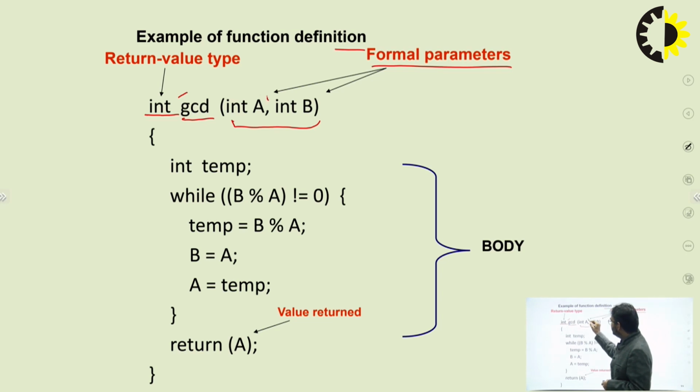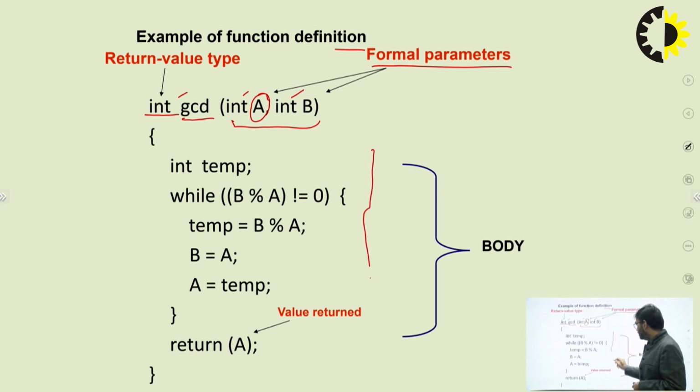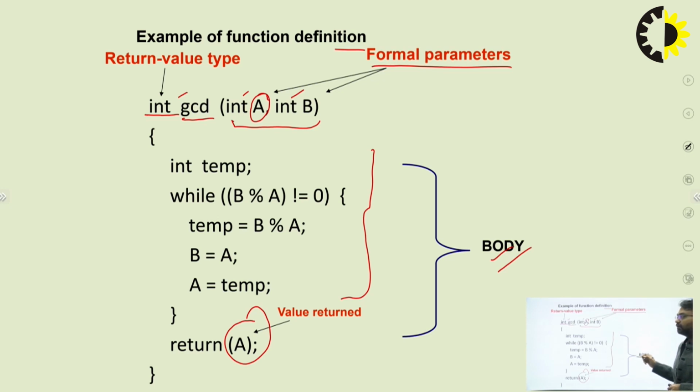The data type of these two arguments is integer. So this is the definition. Then this part is called the body and it will return variable a. So this is an example of the definition of a function. This function uses two formal parameters, one local variable, and performs some specific task. After that, it will return the value a to the calling function.